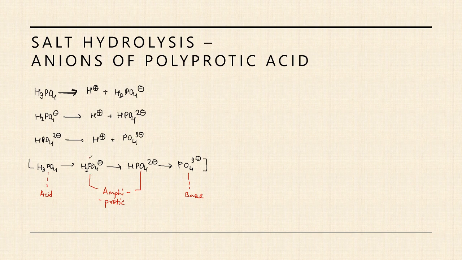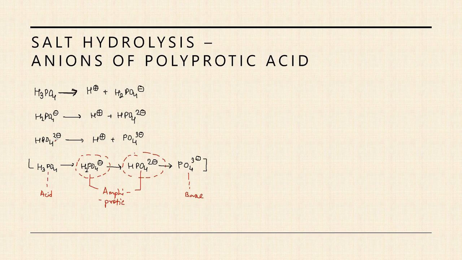Because they can take up H plus and they can also give out H plus. See, H2PO4 minus if it takes up H plus becomes H3PO4. If it gives out H plus, it becomes HPO4 2 minus. Same goes with HPO4 2 minus. If it gives out H plus, it will form PO4 3 minus. If it takes up H plus, it will form H2PO4 minus.